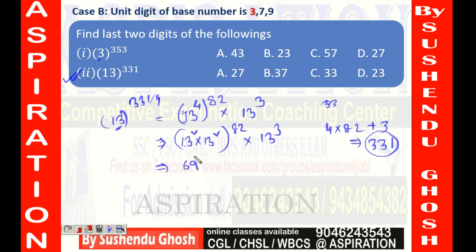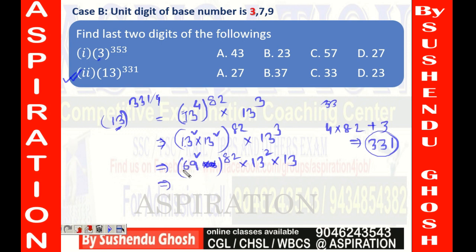So it will give you 69 into 69, which I can write as 69 square directly. I hope this is clear. 69 square to the power 82 into 13 cube. 13 cube we can write again as 13 square into 13. So whenever the power is more than 2, we have to break it into 2 and something like that.